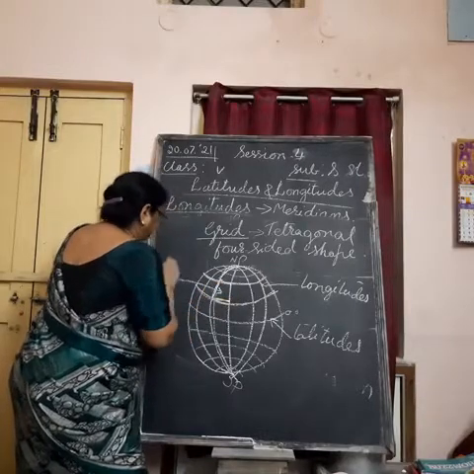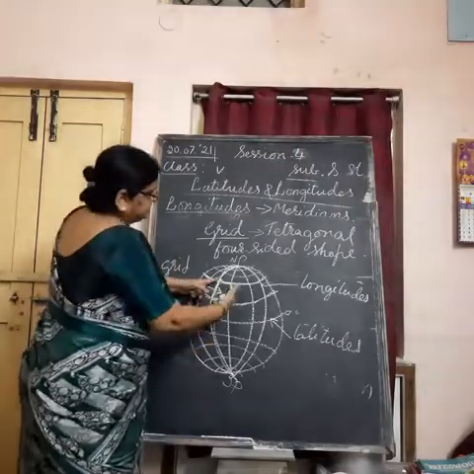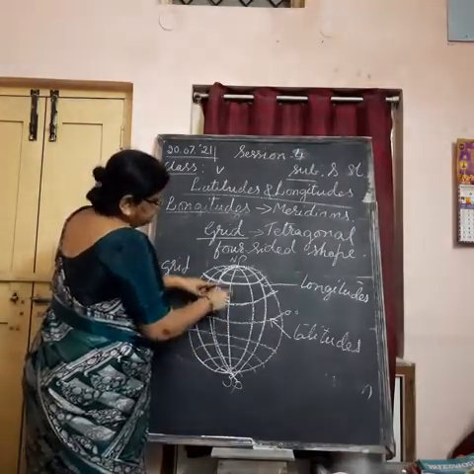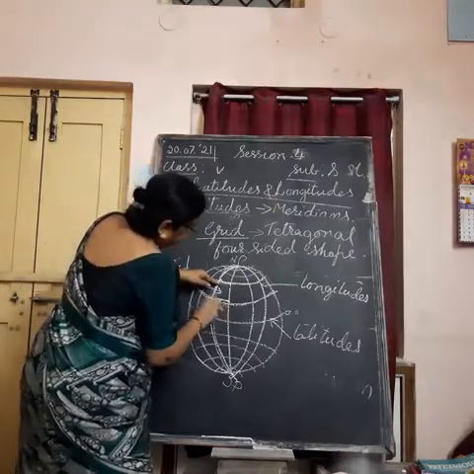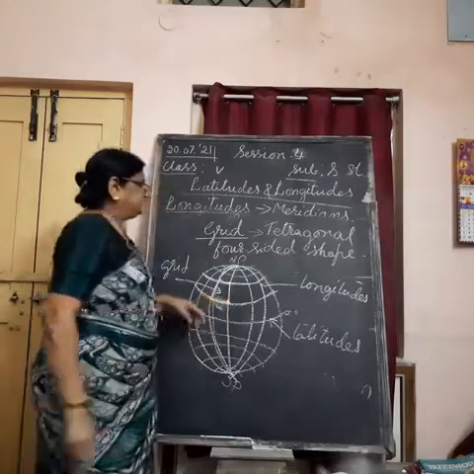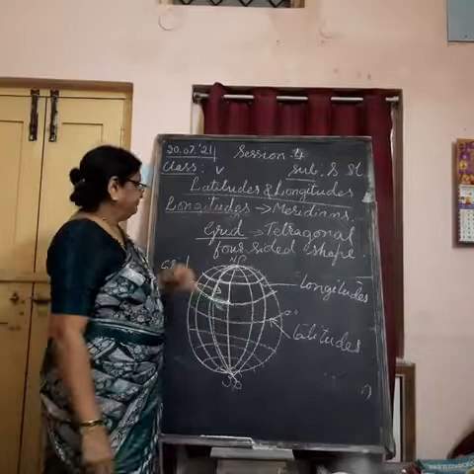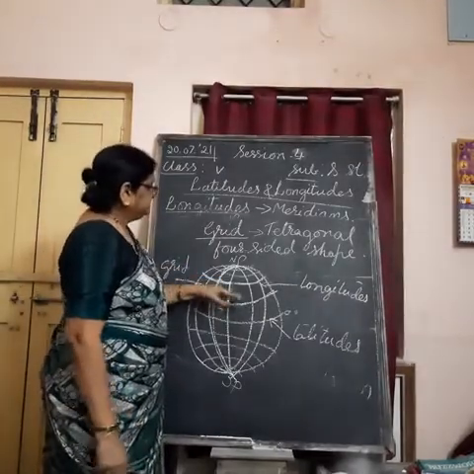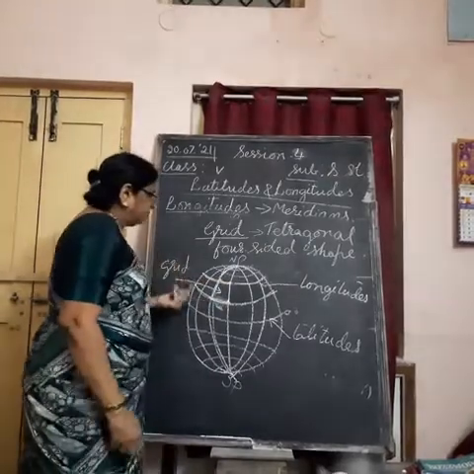You observe here, the length is more here, very less length here, whereas down here the length is more. The sides of this grid are not the same size. Their size will be different. Every side of the grid can be different also.